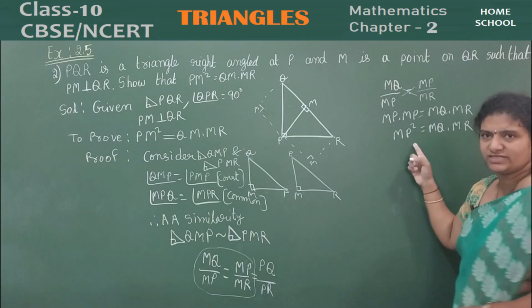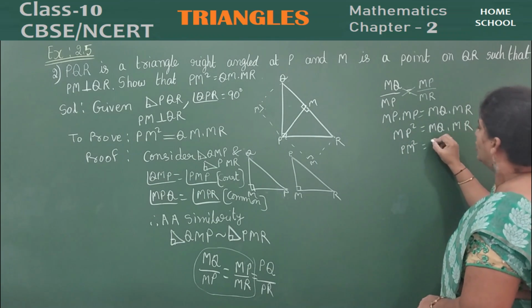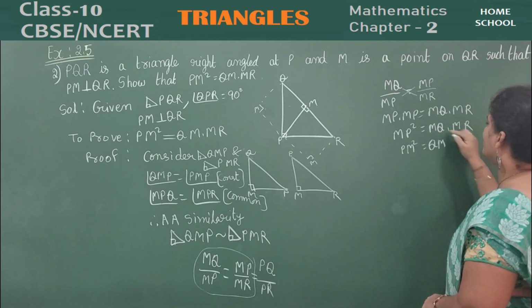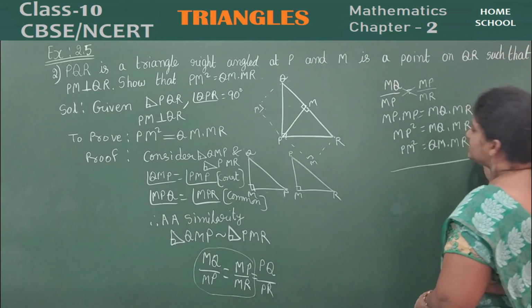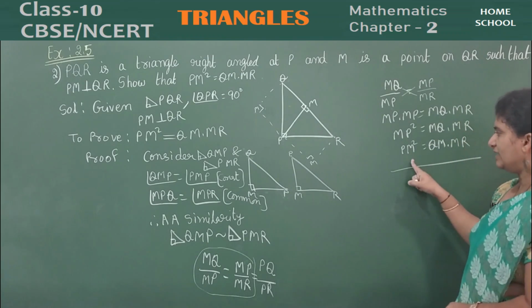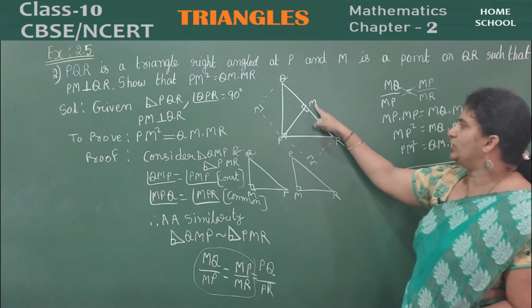MP or PM same. So if you want, you can write it as PM square is equal to MQ or QM is same into MR. Therefore, hence it is proved, that is PM square is equal to QM into MR.